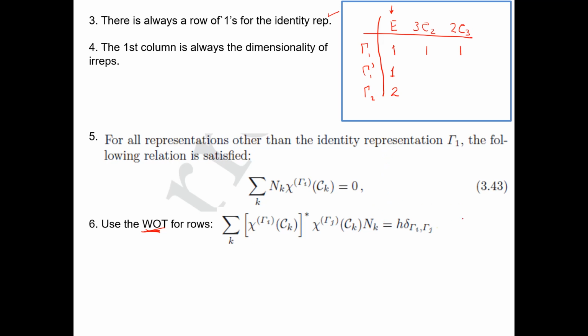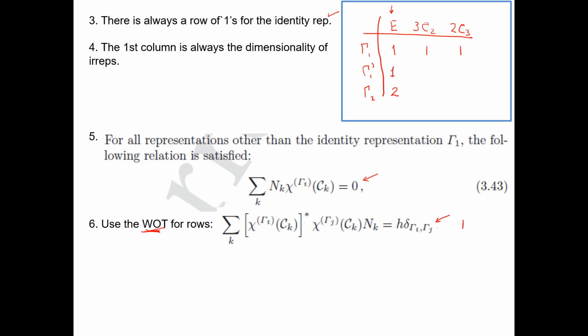This is the general result, and this is simply a special case of this result when you take one of the representations to be the identity representation.